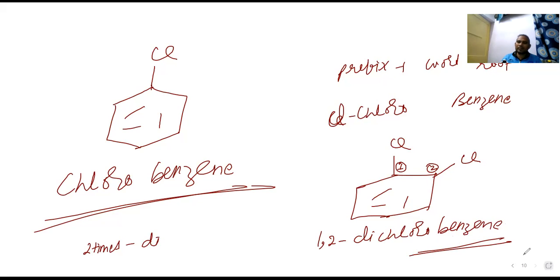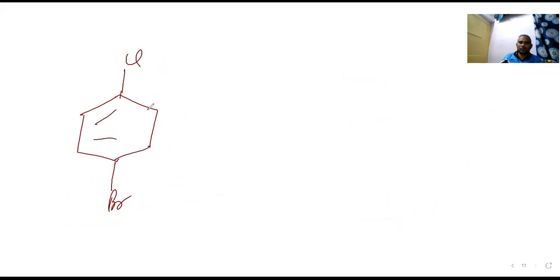Can I erase? Okay, very good. Now we have Cl, then we are having Br. From where can we start numbering, from this carbon or this carbon?